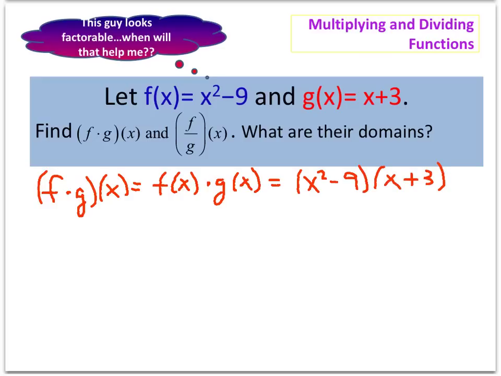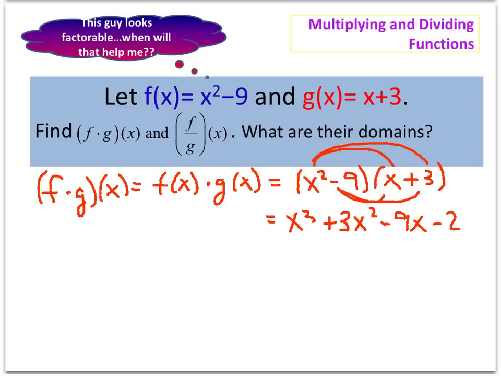Now this is just double distributing. So I'm going to get x squared times x, which is x cubed, x squared times 3, so positive 3x squared, negative 9x, negative 27. So f times g of x is going to be equal to this function here. Now I have no like terms to combine, so that's it.